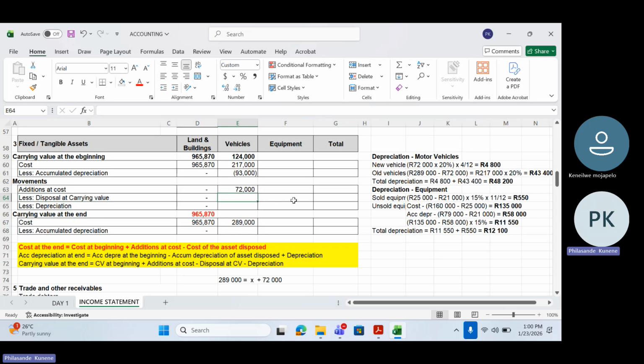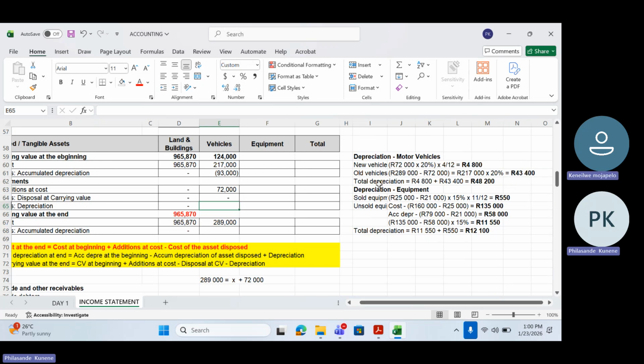Let's do the carrying value disposed. Did we dispose anything for vehicles? No. So we're going to have 0 here, right? Depreciation, how much is the depreciation for vehicles? We did calculate it. 12,100? Wait, that's equipment, yes.